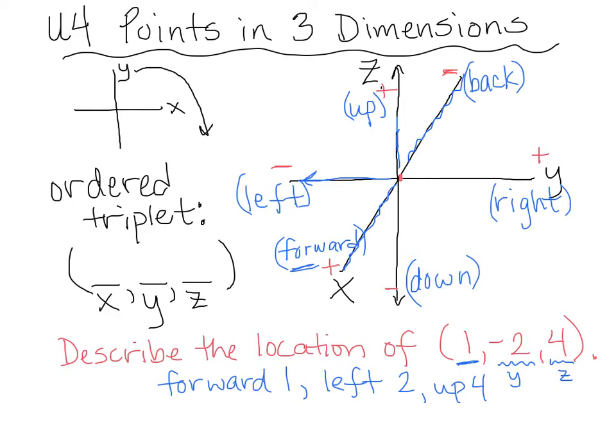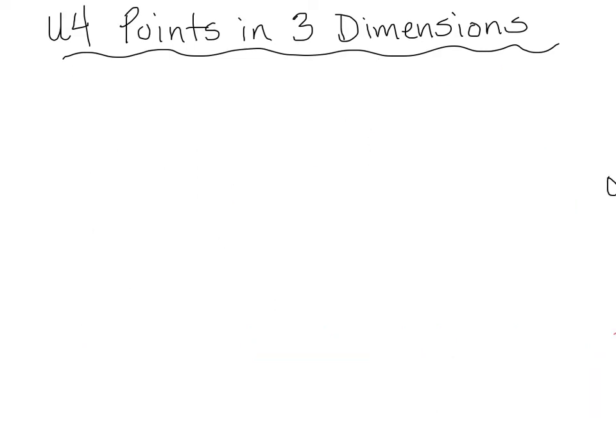Okay, let's look at another example. So let's go ahead and practice drawing that X, Y, and Z axes. Sometimes it's simpler to start with our Y-axis because it's horizontal.